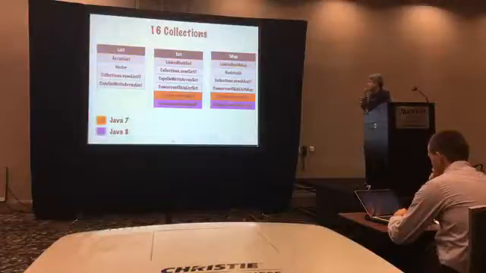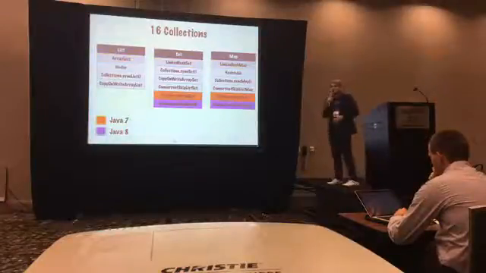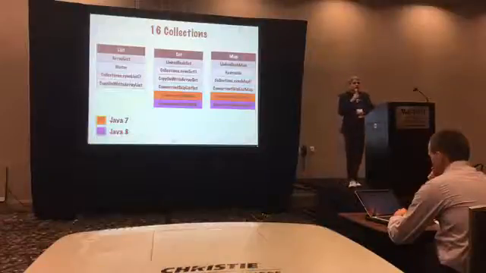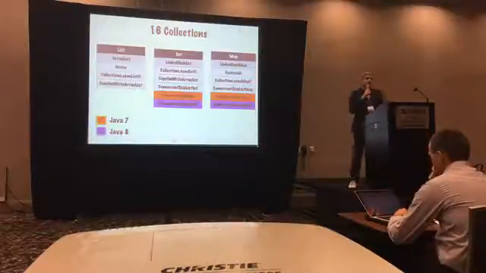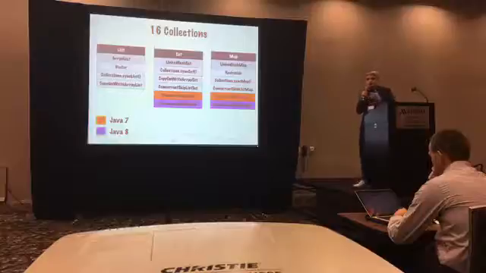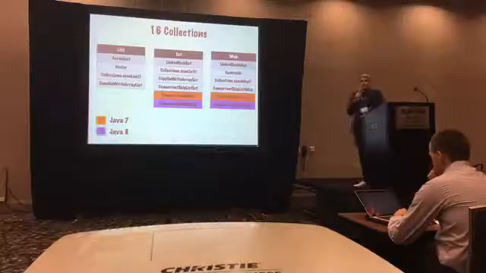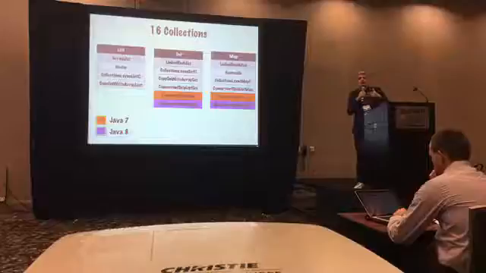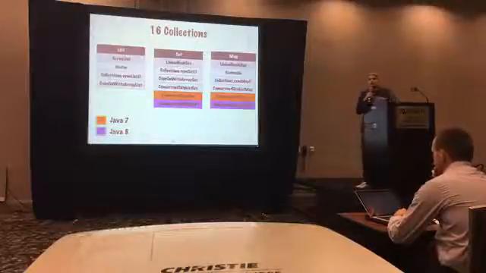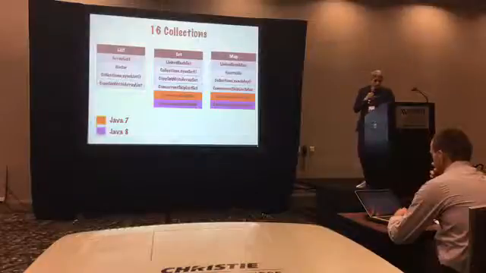We also selected the ConcurrentHashMap implementation from version 7 and version 8 of the Java JDK. We did that because version 8 was a completely rewritten implementation. So we saw that and we thought, how will it behave in terms of energy consumption?